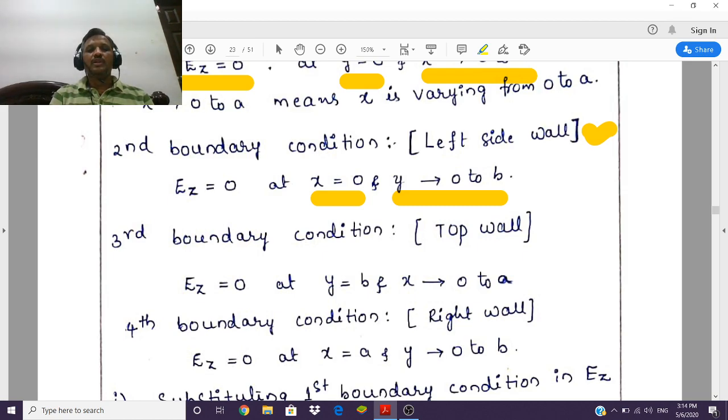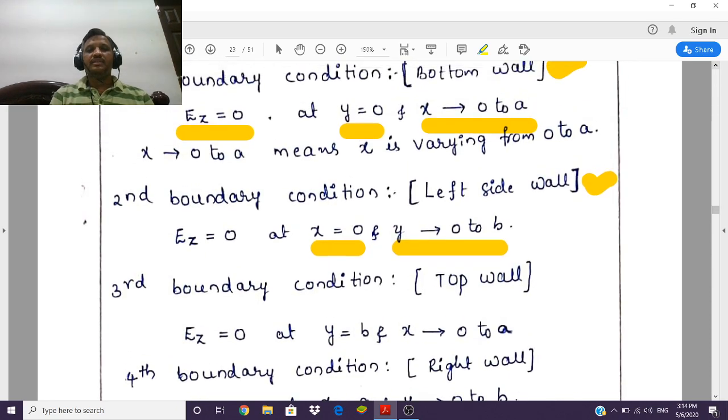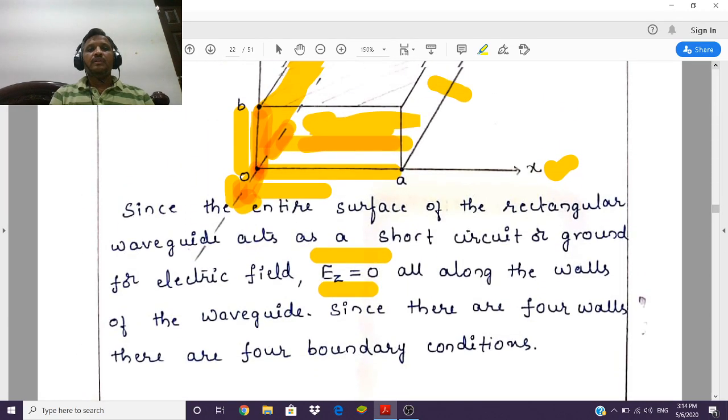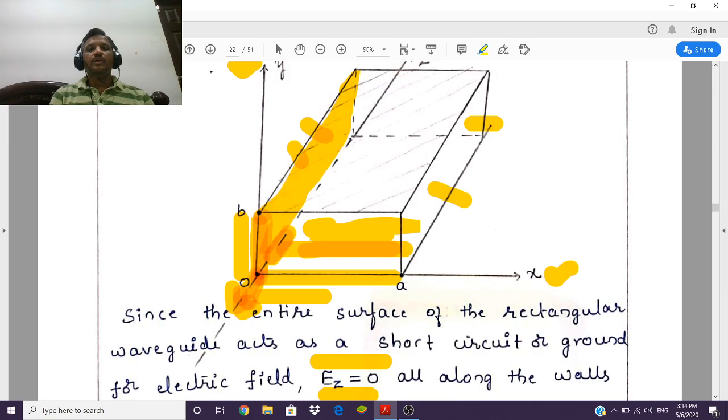The third boundary condition that we are taking is for the top wall. For the top wall, it is y equal to b and x is ranging from 0 to a. This is our top wall, and it is fixed at y equal to b.